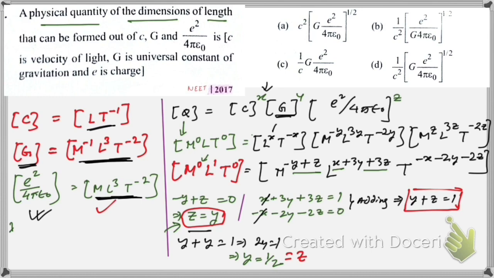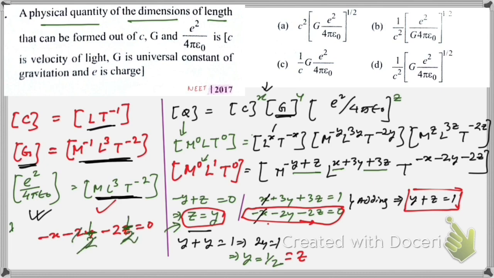So y is equal to z, both equal to half, right? Then let's put the value of y and z in any one of these equations to get the value of x. Let me take this one. This equation is minus x minus twice y, then minus twice z, equal to 0. We have y equal to half, z also equal to half.